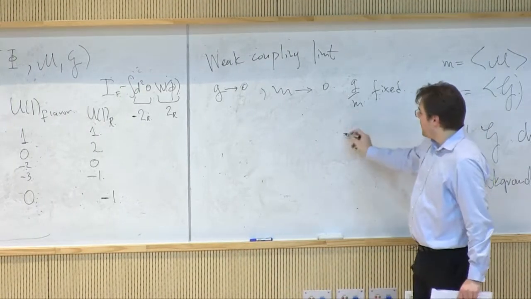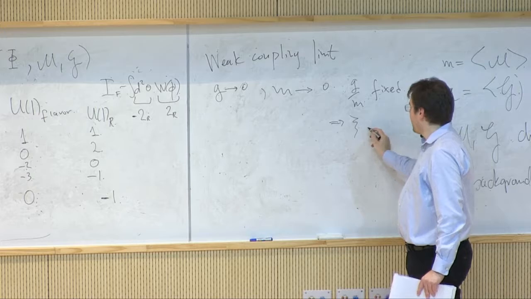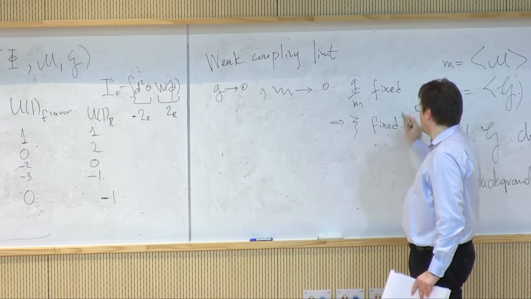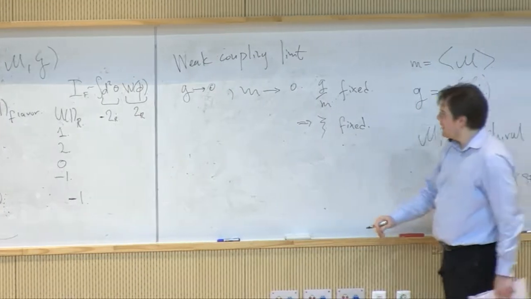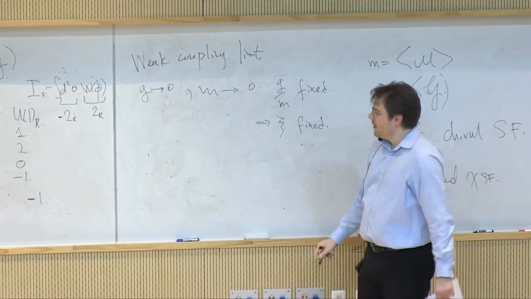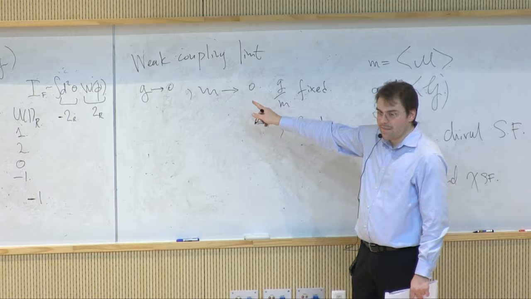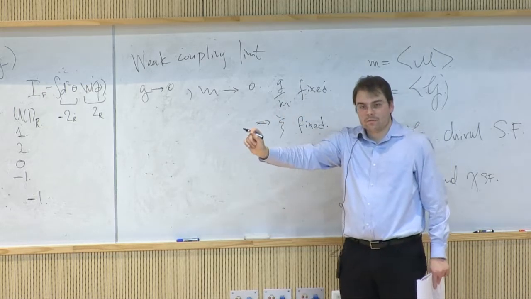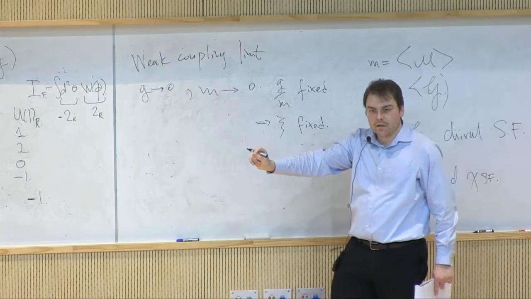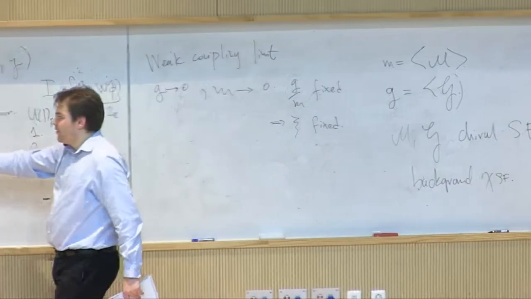So G over m fixed implies psi fixed. So what this means is that there's a slice in the two-parameter space, G and M, that goes arbitrarily close, parametrically close to the weak coupling region, along which this function here doesn't change.